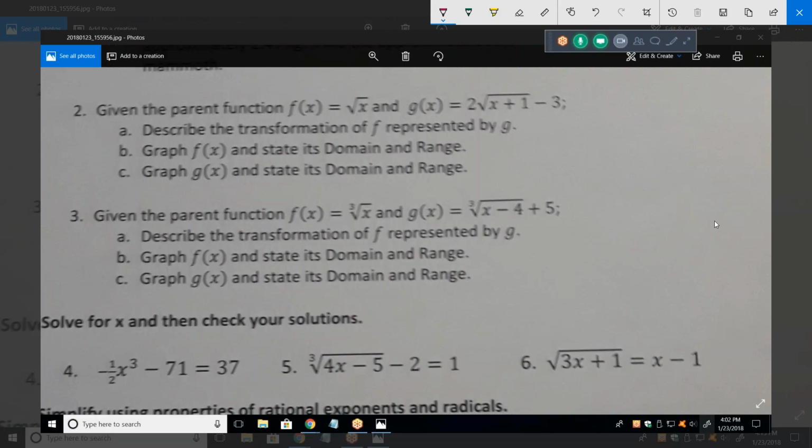Okay, number 3 is pretty much the same thing, only a little different function. Number 3, the function is the cube root function, which looks like that.